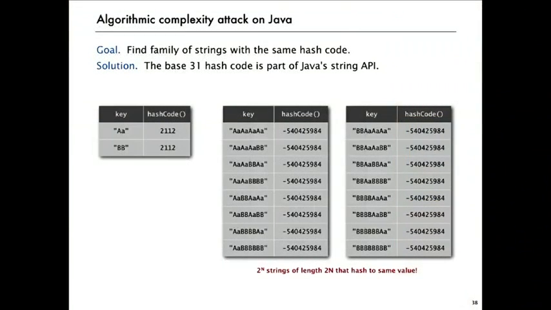Well, what that means is that actually, just like working in binary, you can combine those things in all possible ways, and you can get 2 to the n strings of length 2n that all hash to the same value. And if somebody's implemented a service in Java that uses a symbol table that takes string keys, you can cause that to crash in this way. A little bit scary for some systems designers, at least reason for pause in using hashing.